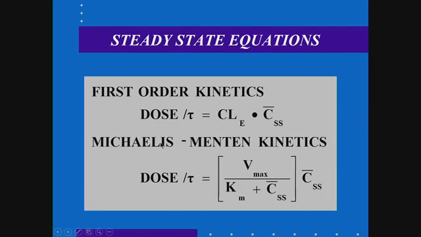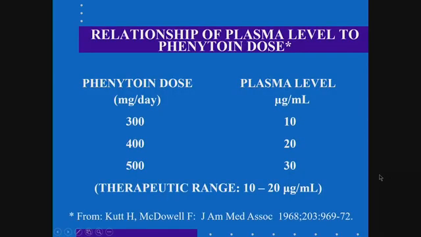In the case of drugs that follow Michaelis-Menten kinetics, like phenytoin and ethyl alcohol and aspirin, you need to apply this equation and this term, if you will, in lieu of this clearance of elimination term. A very important issue, because when you follow this type of kinetics, you lose the element of dose proportionality.